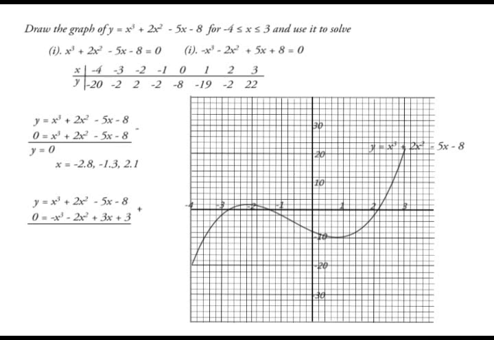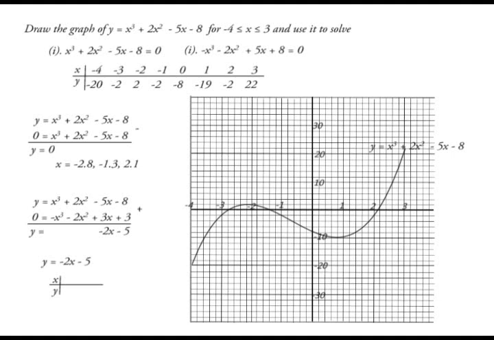So we add: y + 0 is y, and then x³ plus -x³ is 0. 2x² plus -2x² is 0. -5x plus -3x is -8x... and then -8 plus 3 will give us -5. So then we have the equation y = -2x - 5.